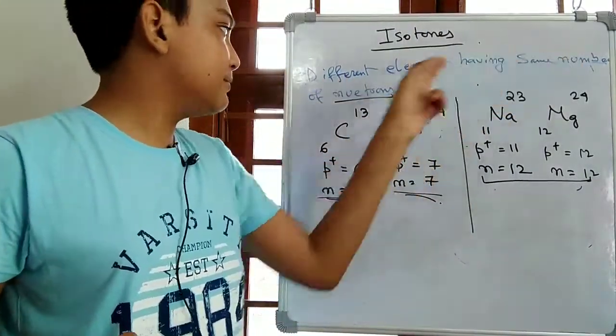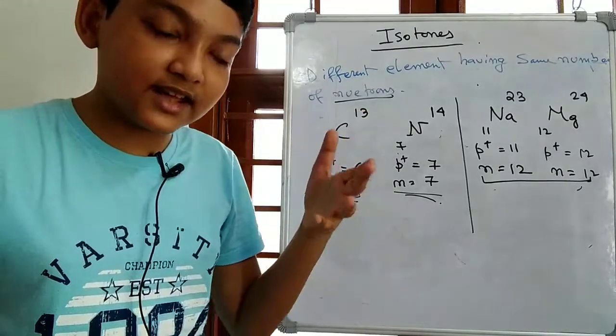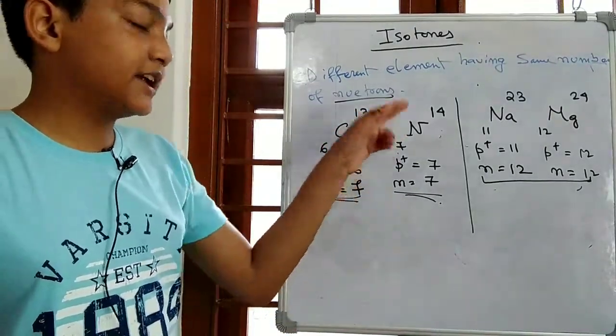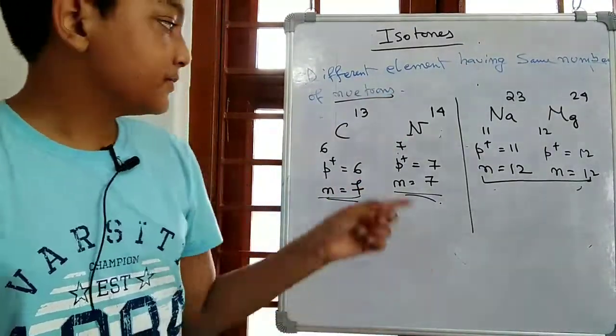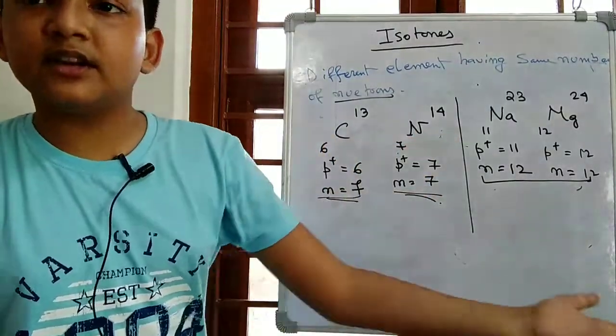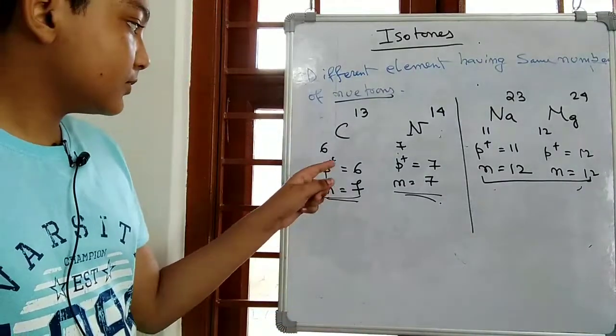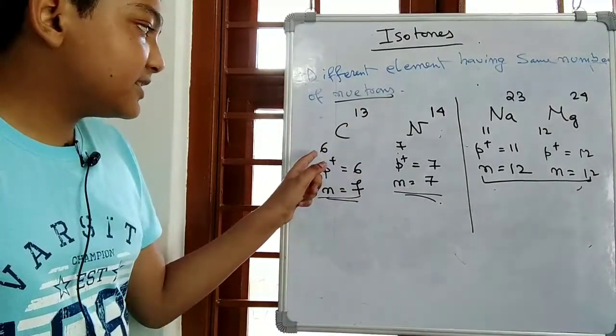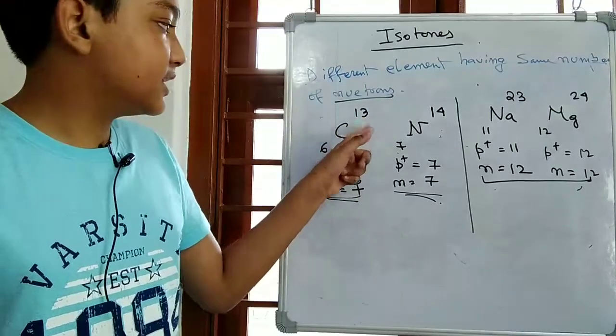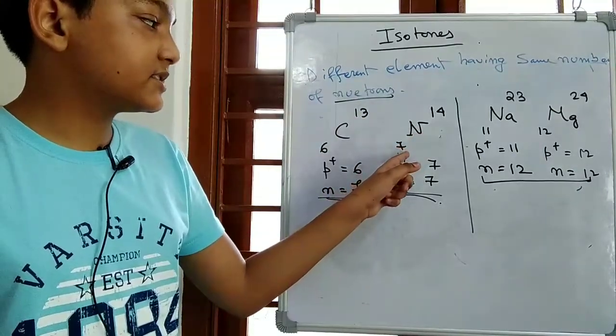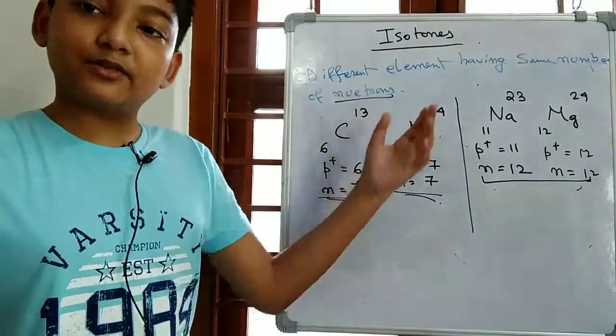Different elements having the same number of neutrons are known as isotones. Different elements like carbon and nitrogen, are they the same? No, they are not the same. Carbon is different, nitrogen is also different, but both are non-metals. Carbon's atomic number is 6 and its mass number is 13. Nitrogen's atomic number is 7 and mass number is 14.